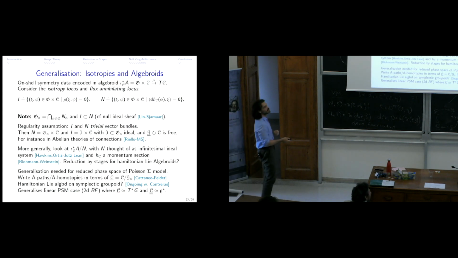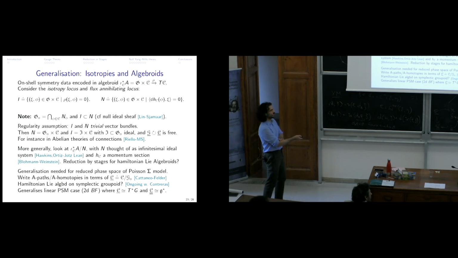So in the Poisson sigma model, what you can do is look at an algebroid over the shell. Over C, because C is coisotropic inside the geometric phase space, you always have a Lie algebroid. This is always given. So then you can try to look at Hamiltonian reduction for this algebroid.